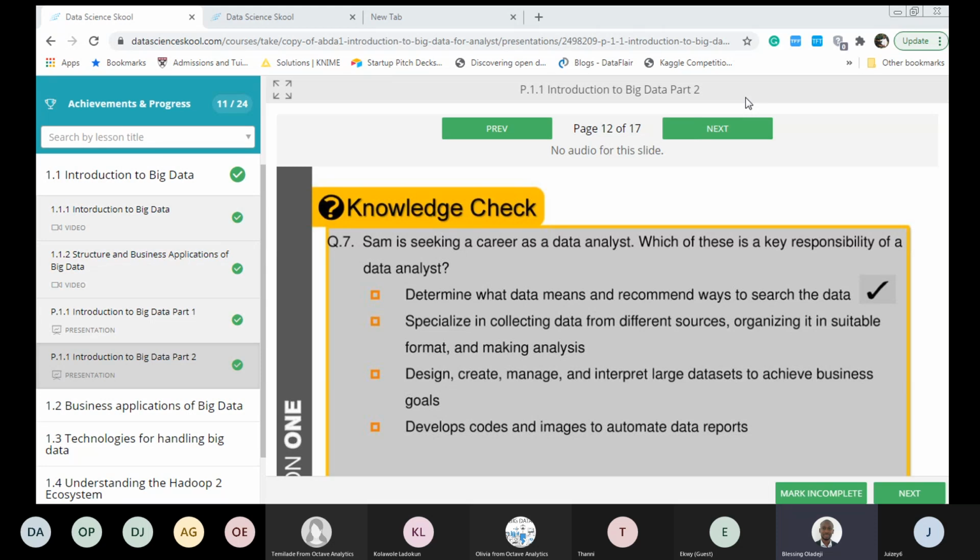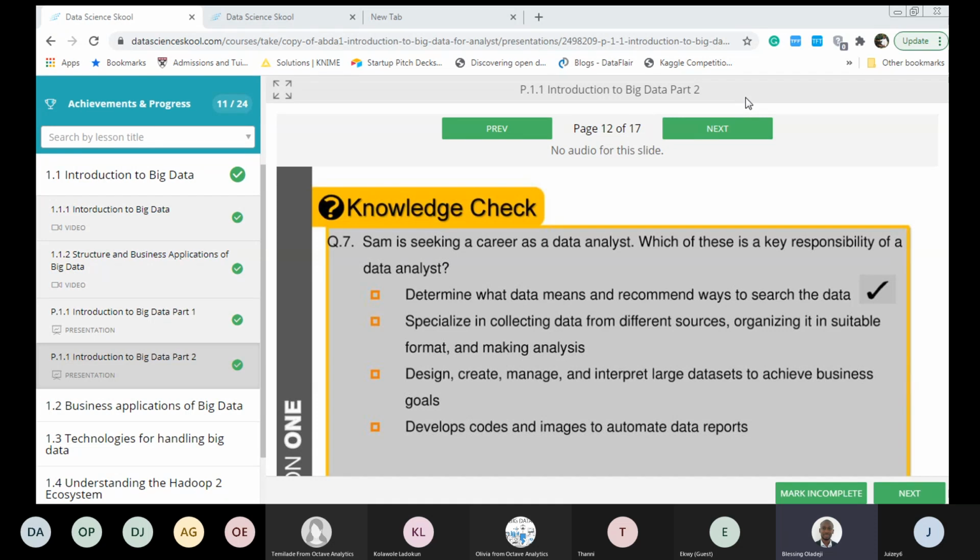So the first option is completely out of it. The answer is either going to be B or C or D. It depends on what you do in your organization, so the answer to this is actually subjective.